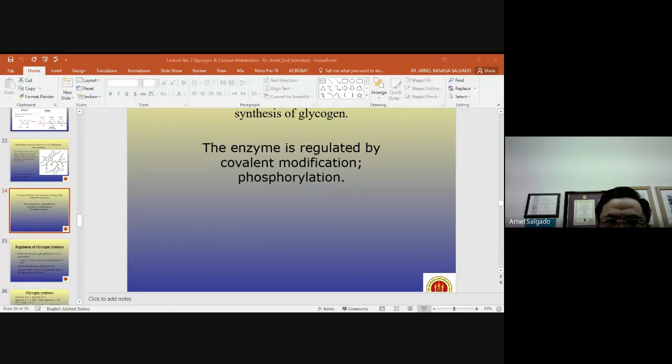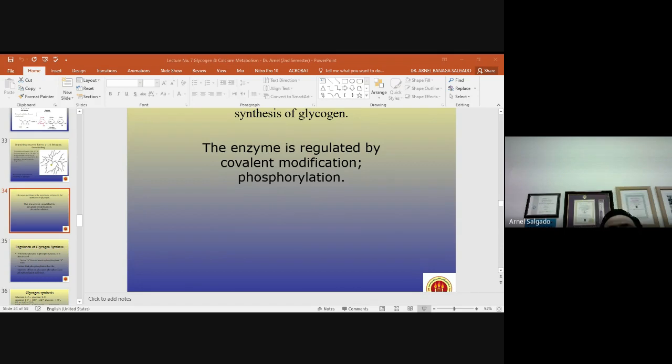So a covalent bond is a very strong bond, right? The two elements will actually share electrons, complementing one another. And sometimes it's very difficult to break, no? That's why we also need enzymes to break it down, okay?